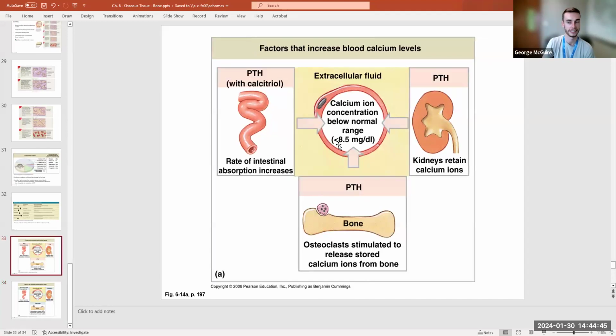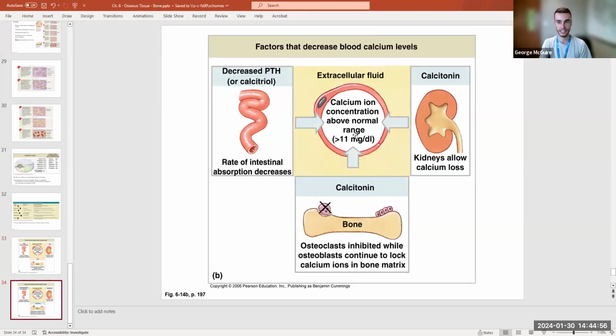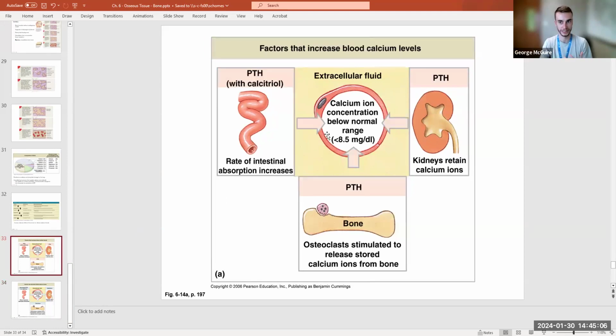So if we have less than 8.5, our organs are going to release the hormones that are trying to stimulate more calcium and phosphate into our blood to try to get that ion concentration higher. And if that ion concentration exceeds 11 milligrams per deciliter, we're going to release hormones that try to remove it from our blood. So essentially the sweet spot is right in between. We want these ion concentrations to kind of stay between 8.5 to 11. And these other regulatory messengers, those hormones, are there to try to keep it that way.